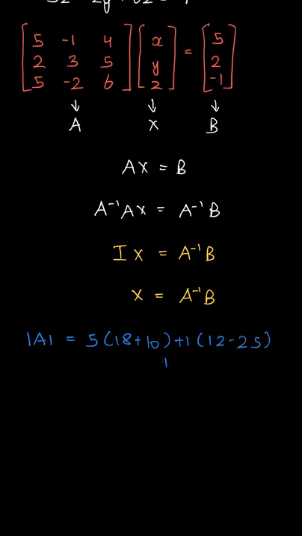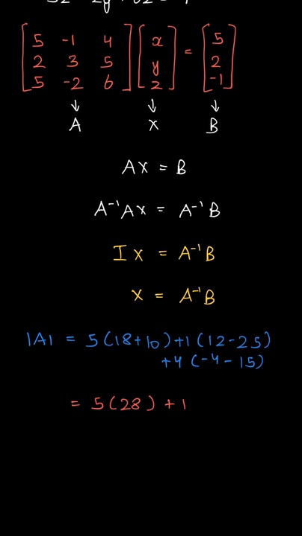After that here we have plus of 4 multiplied by its minor. So this column and this row get cancelled. 2 multiplied by minus 2 is minus 4. Then a negative sign, we have 5 multiplied by 3 is 15. On solving this, we have 5 multiplied by 18 plus 10, which is 28.